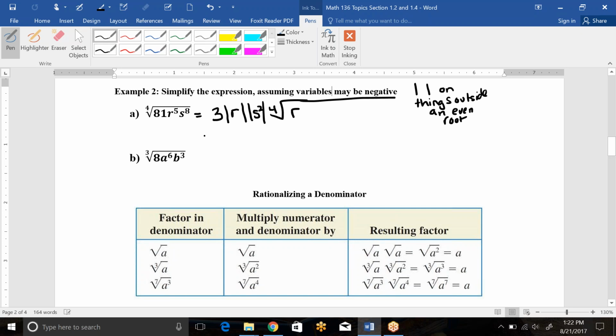But the big thing to consider here, and there's 2 different ways you could write this. So this is just us showing you how to work it out. So this could be r and s squared could both be in the same absolute value. But s squared is absolutely always going to be positive because you're squaring whatever that base is.